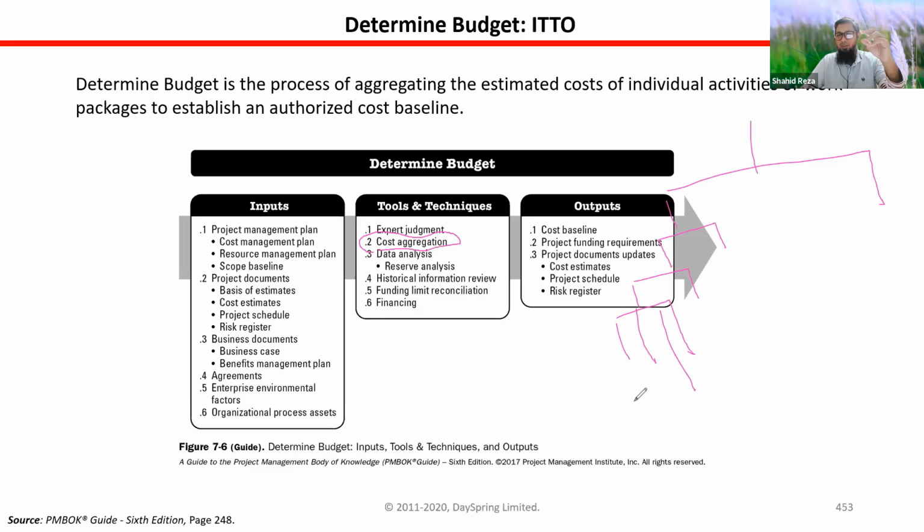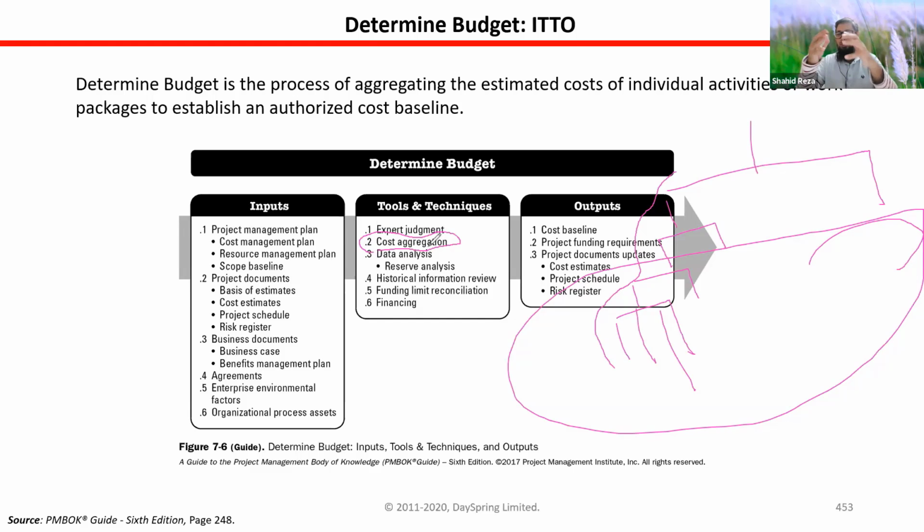So for each task, we have found out the cost. If we add up, aggregate everything, all the work packages, all the tasks, then we will get the project budget. So the main tool is aggregation. Aggregation means adding up all the cost for each activity, and then we will get the project budget. That is known as the cost aggregation tool.